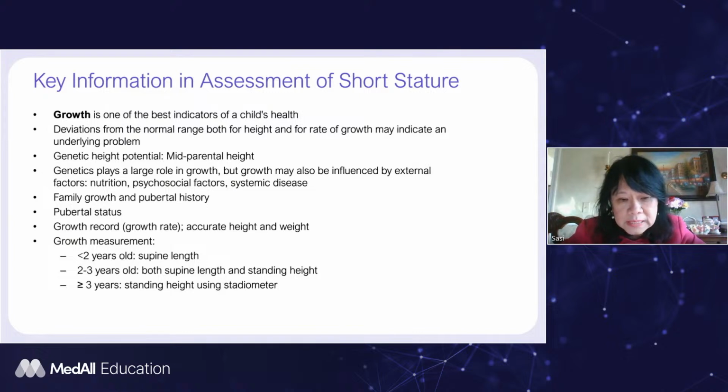One of the first steps in assessing short stature is to determine a child's genetic height potential, and that's done by using midparental height. We have to ask father's height and mother's height.